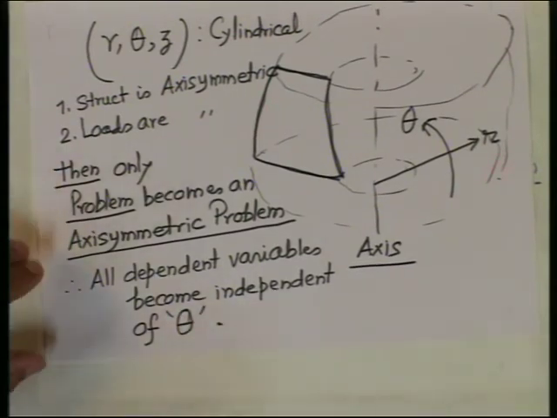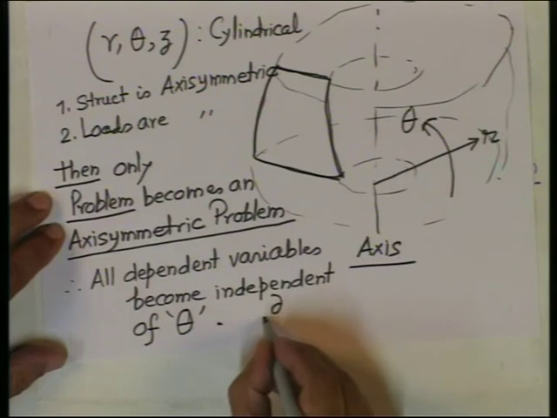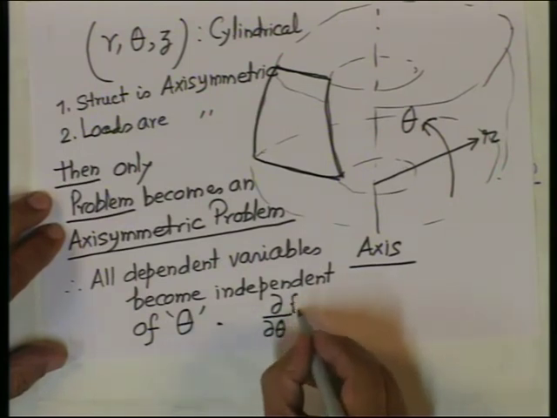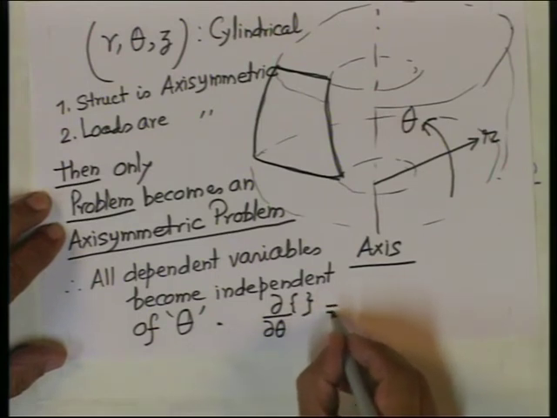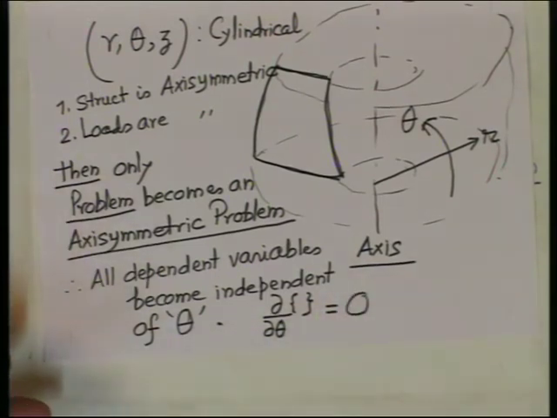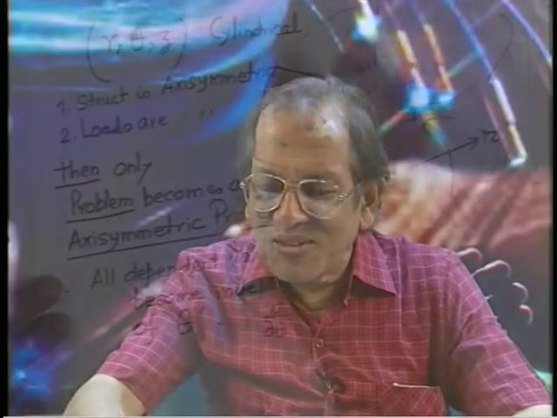Nothing changes with theta, so del upon del theta of any quantity is always 0. The rate of change of any quantity with respect to theta is zero. So you simply analyze one cross section. You need to analyze only one cross section, is it not?